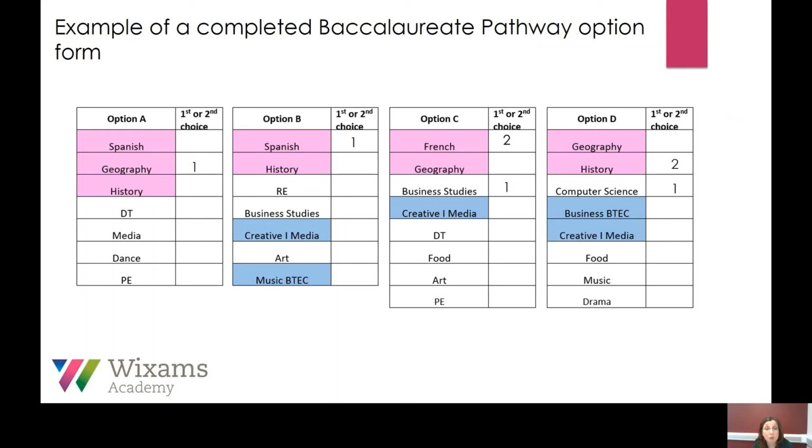And then you can choose your two other subjects, and this time it's media and BTEC creative media. So the pink subjects for the baccalaureate pathway, we need to have one language and one humanity. The subjects labelled in blue here are the BTECs, so that's to help you distinguish those from the other GCSE subjects.